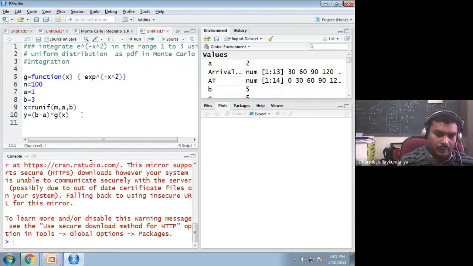तो ये y आ गया, तो मुझे क्या मिलेगा? Mean. So if I am saying that, let us say mu1 equal to mean of y. And standard error मुझे निकालना है, तो मेरे पास डायरेक्ट फंक्शन है standard deviation divided by square root of n.